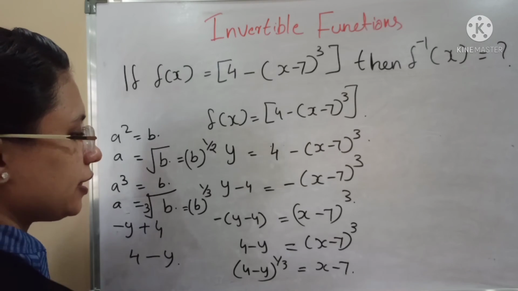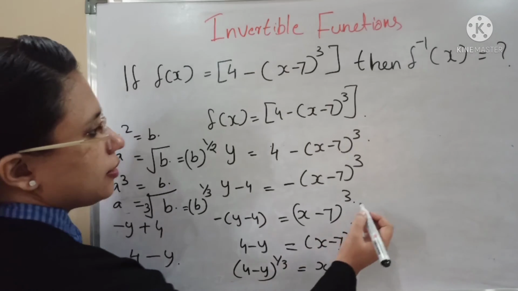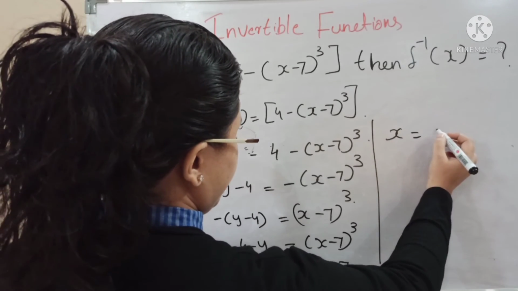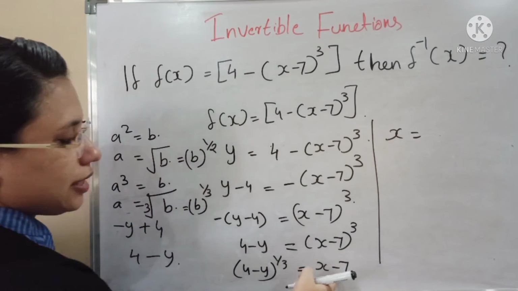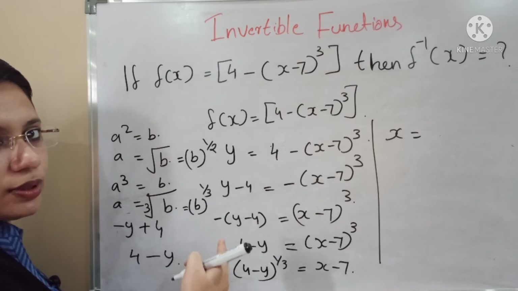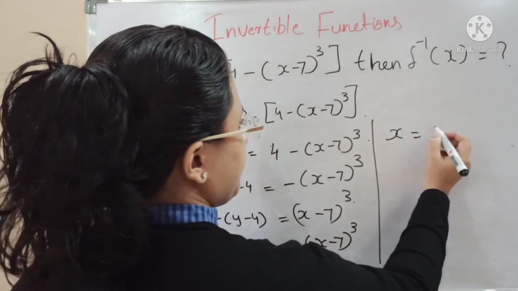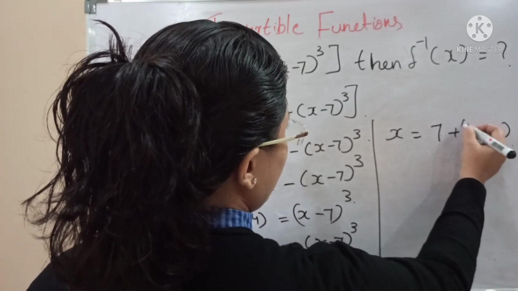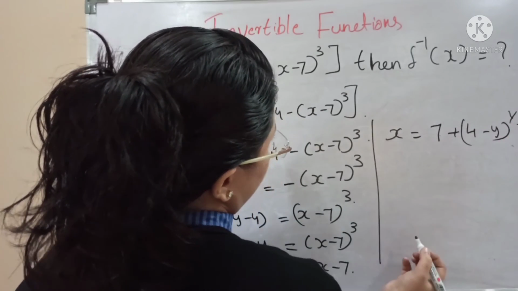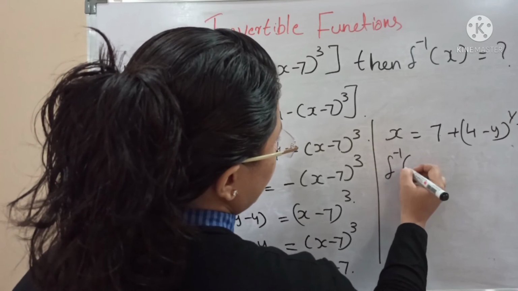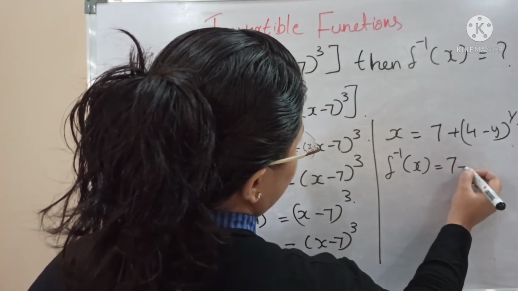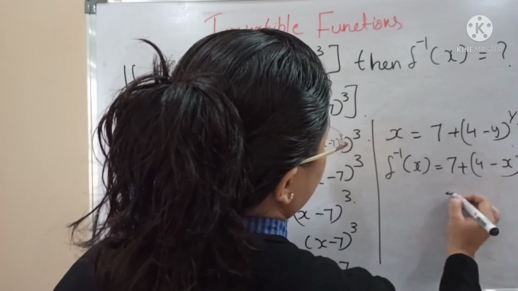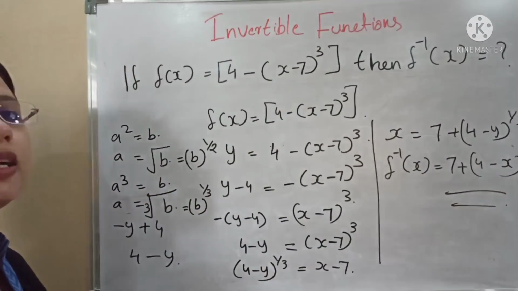Okay, so next x equals, so this negative 7 will come this side, so it will be positive 7 plus (4 minus y) all raised to 1 by 3. So what will be f inverse of x? 7 plus (4 minus x) all raised to 1 by 3. So this will be our answer.